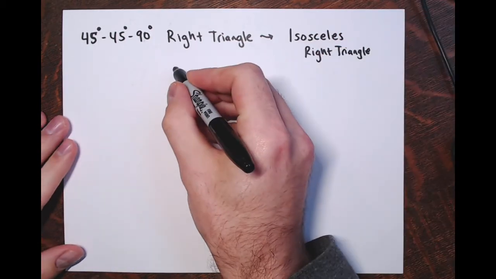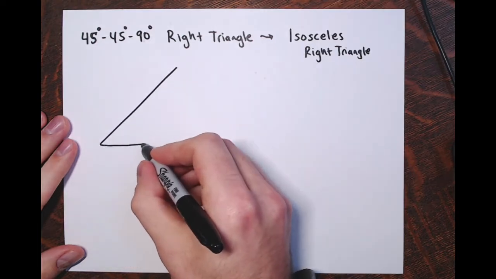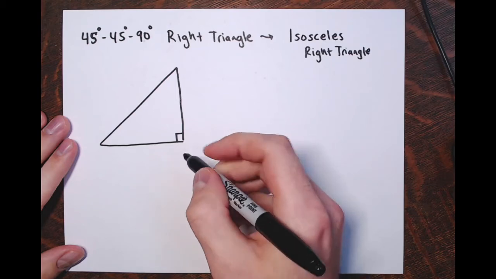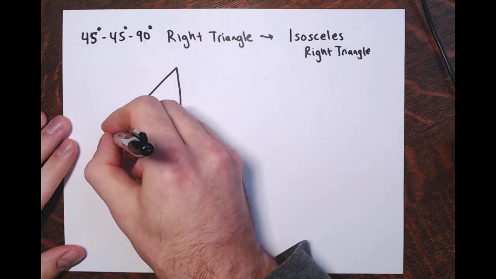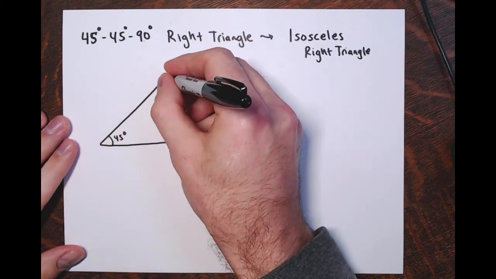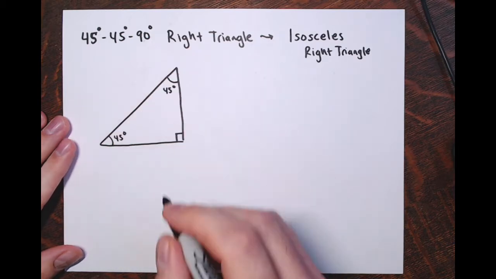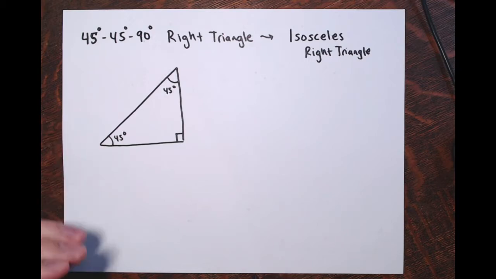So I'll draw up a picture here. Again, this isn't perfect. It's got a 90 degree angle, and a 45 degree angle, and the other one would have to be 45 degrees as well, because remember, all 3 angle measures in a triangle must have a sum of 180 degrees.